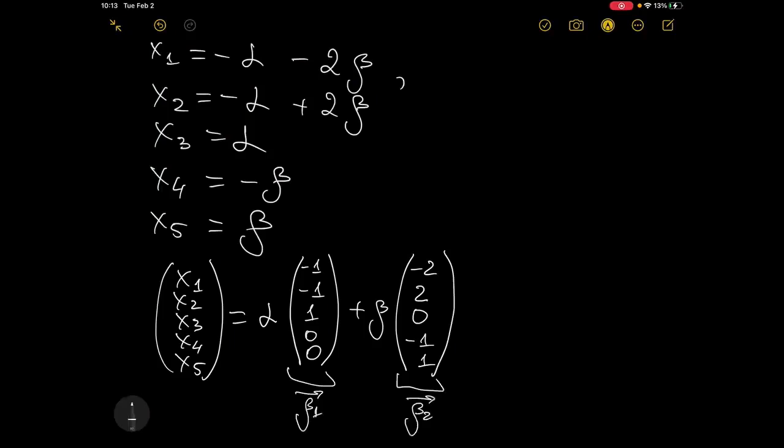So I represented the solution through the linear combination of two vectors, and the number of these vectors is exactly equal to the number of free variables, because these coefficients are nothing else but exactly free variables. Is it clear or not?